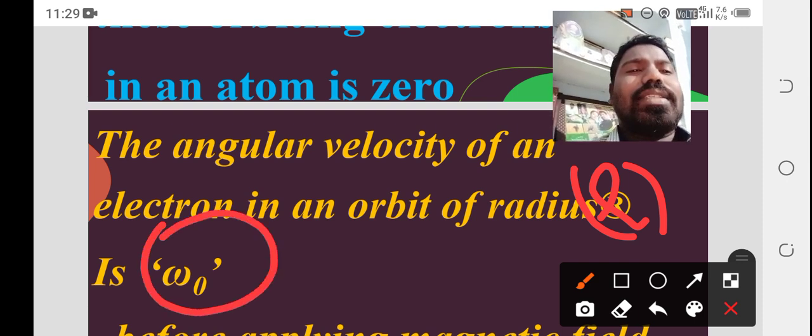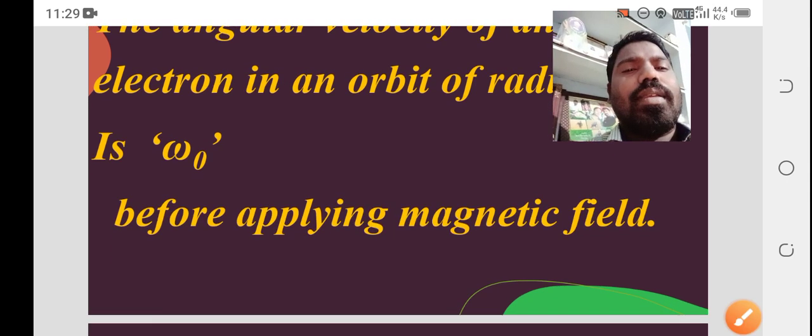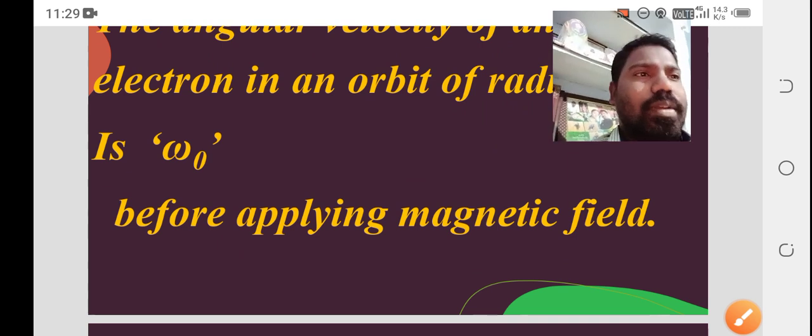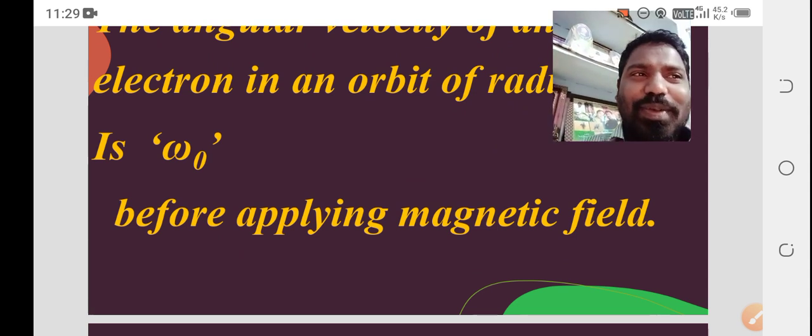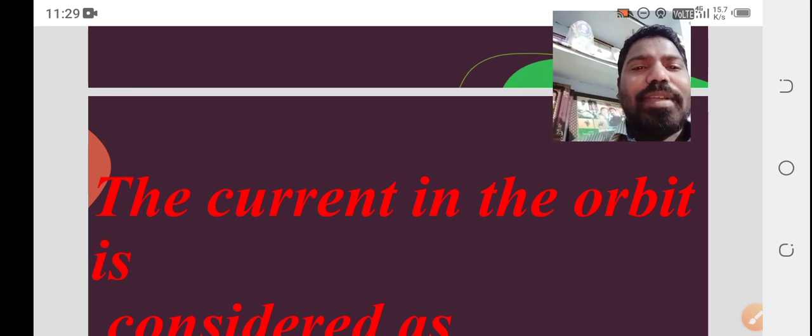What is the radius of the orbit? That is small r. And what is the angular velocity? The angular velocity is omega naught, before applying the magnetic field. The angular velocity is omega naught. The current in the orbit is considered.